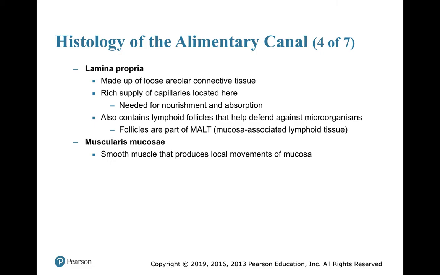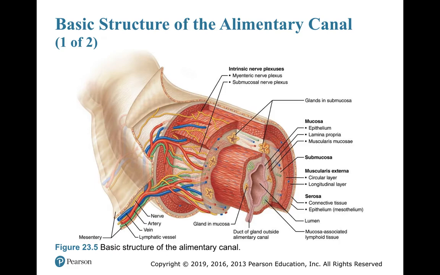And the muscularis mucosae is smooth muscle that helps to produce the local movements of the mucosa. This is shown here in a very nice artist rendering. And I would recommend that you take a good look at that and all the figures in your text as you are reading.